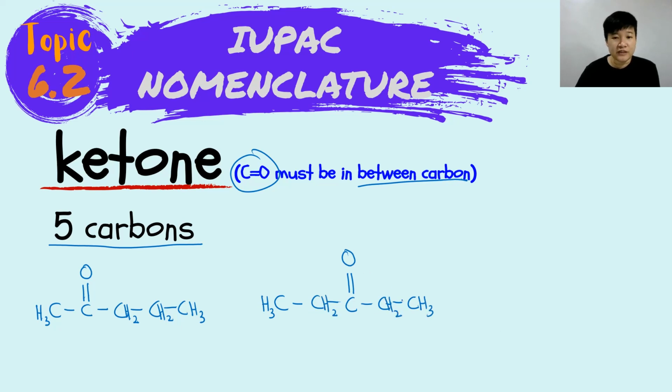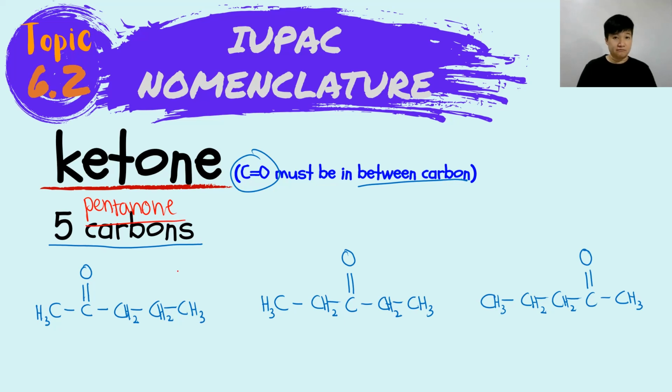Can we still move the C double bond O? Let's see. I move it again towards the right-hand side, and let's see whether it's correct or wrong. Complete the bond with all the missing hydrogen. Everybody over here is a pentanone because it's a 5-carbon ketone.